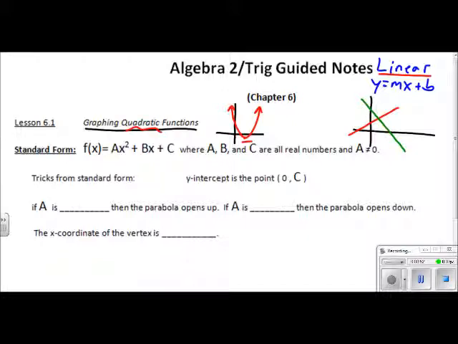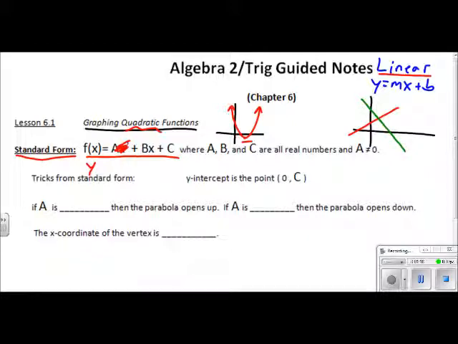Now the standard form of a quadratic function, anytime we say standard form, we're looking for f of x, or remember you can consider that y. F of x or y equals ax squared plus bx plus c, where a, b, and c are all real numbers, and a does not equal 0. If a was 0, we wouldn't have this.